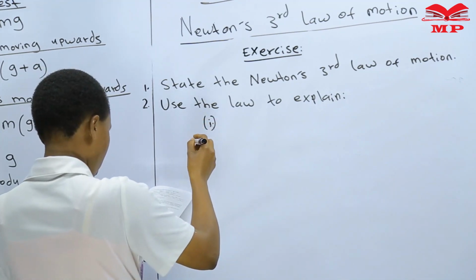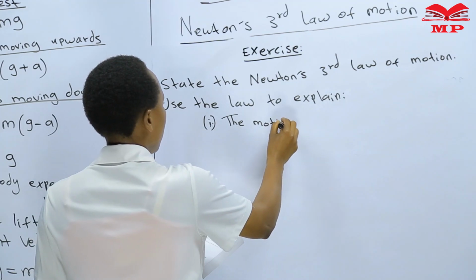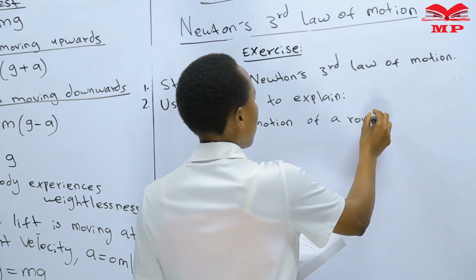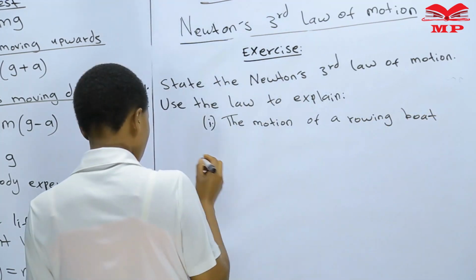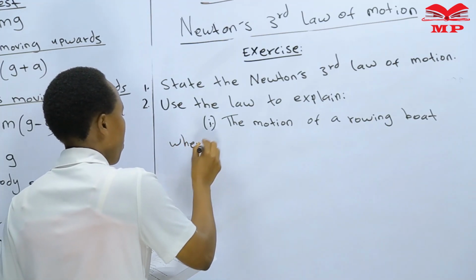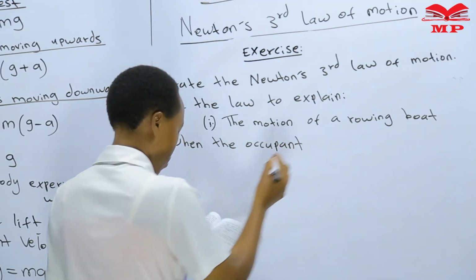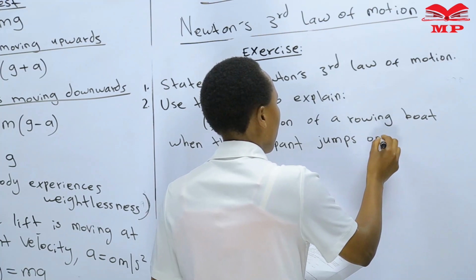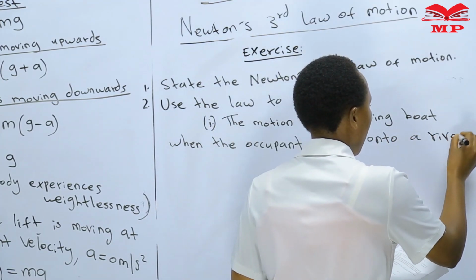Number 1, use it to explain the motion of a rowing boat when the occupant jumps onto a riverbank.